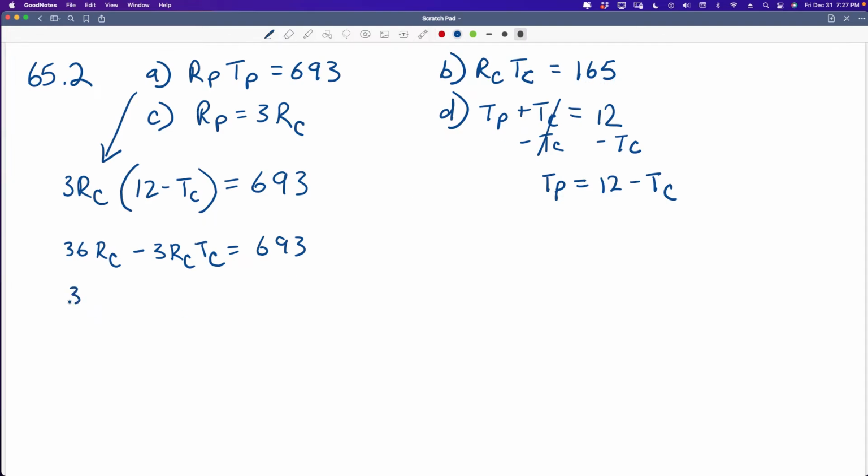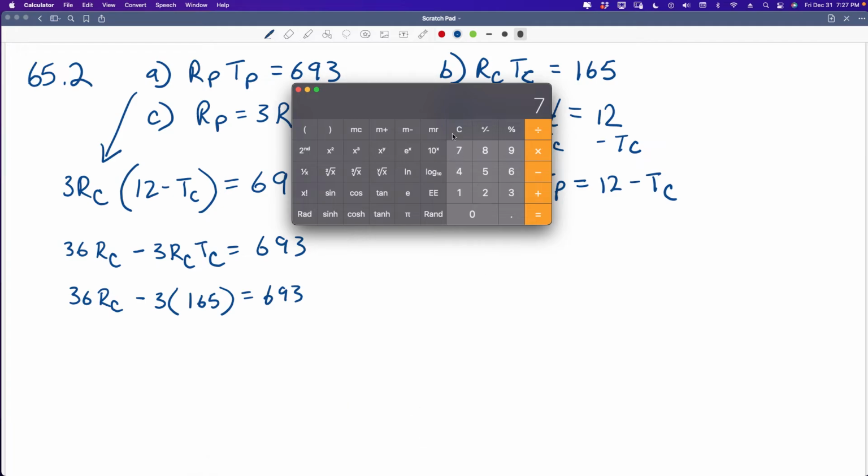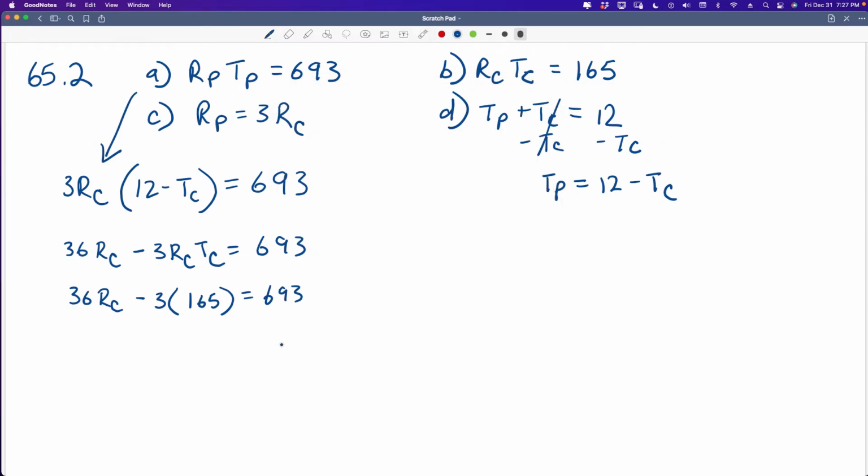So I can rewrite this as 36 times RC minus 3 times 165 equals 693. I can't do that in my head, so I'm going to pull up the calculator. 3 times 165 is 495. So this is minus 495, and this is 36 RC.